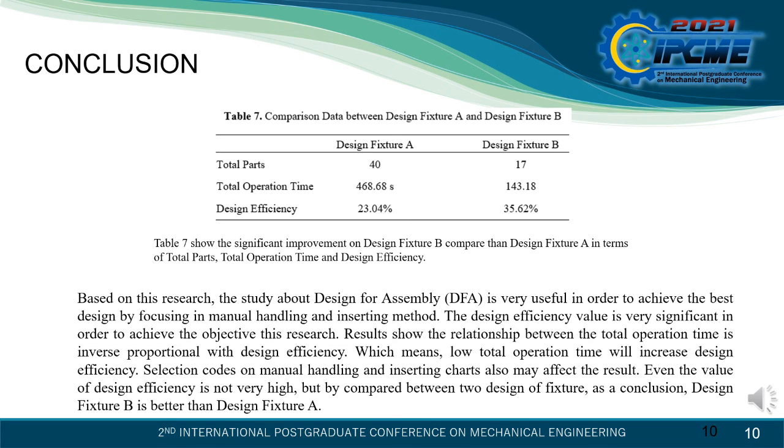The results show that the total operation time is inversely proportional to the design efficiency, which means a lower total operation time will increase the design efficiency. Selection of codes on manual handling and insertion charts may also affect the result. Even though the value of design efficiency is not very high, by comparing the two design features, we can say that design feature B is better than design feature A.